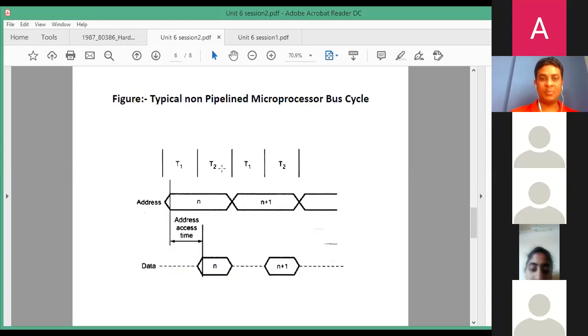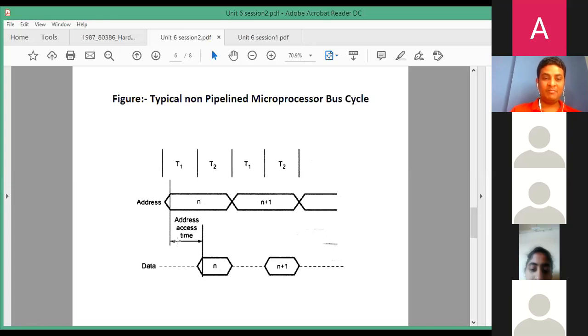This is a typical non-pipeline bus cycle, where T1 indicates the first cycle and T2 indicates the next cycle. The current address is n, and the next address is n plus 1. Whenever n is calculated, the data at the nth location should be fetched by the data bus, and that is done in the T2 cycle.